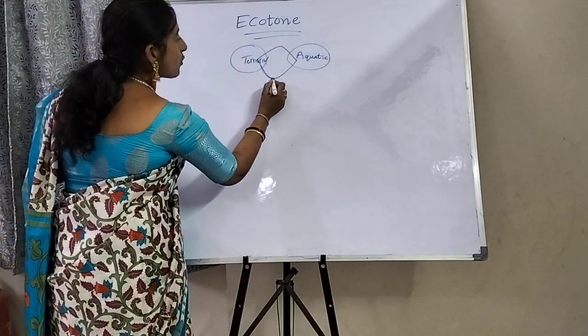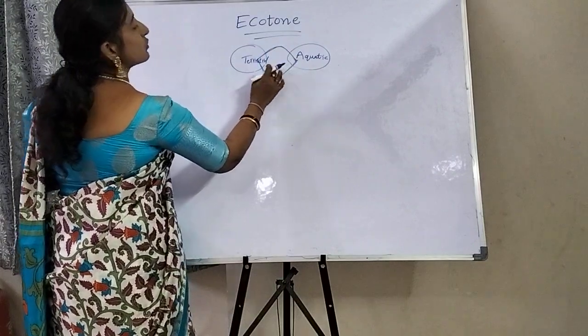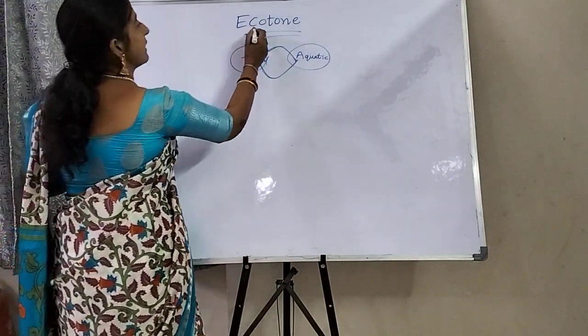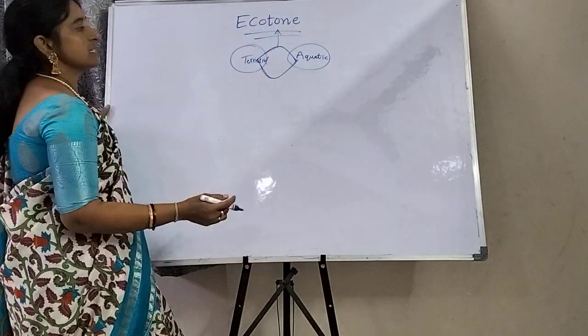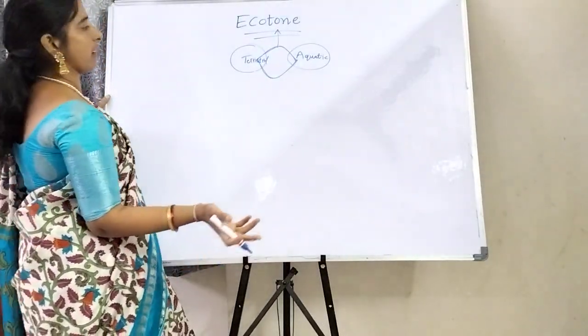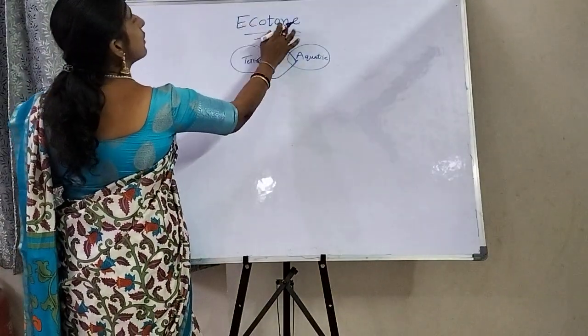So there is a boundary-like structure, and this boundary is known as the ecotone. So this is the boundary or transition area.